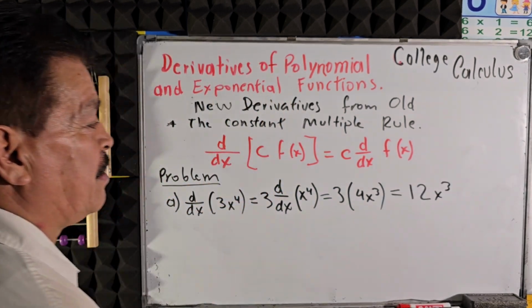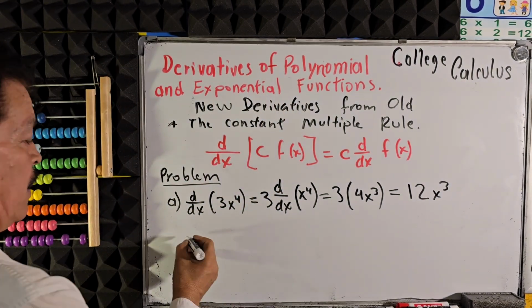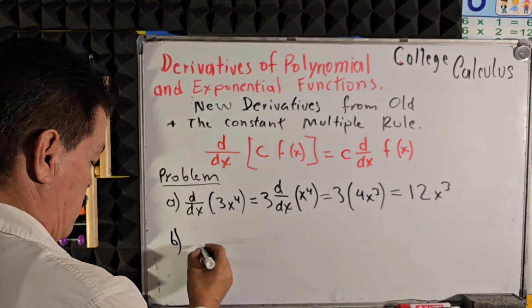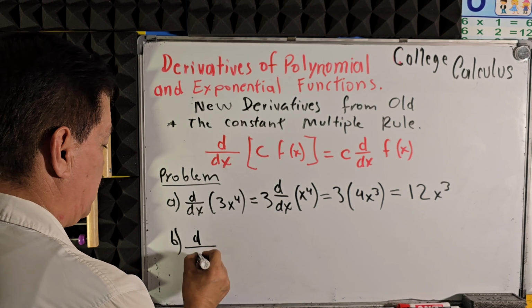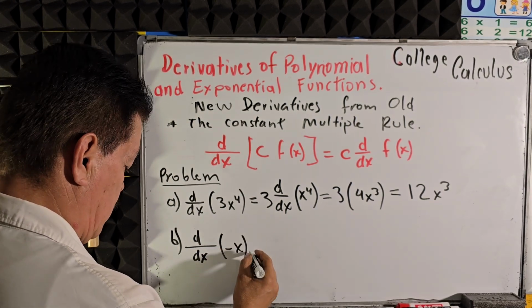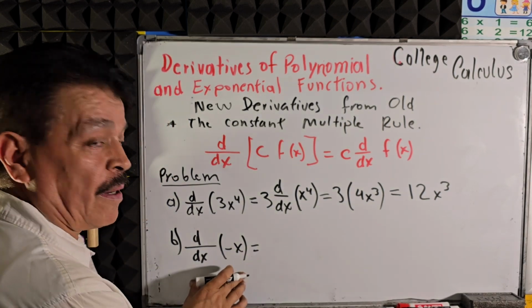That's it, very, very simple, right? Let's write another simple problem. We have d divided by dx of negative x. This is our problem here.